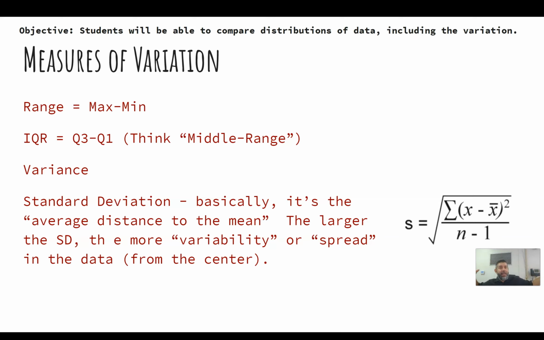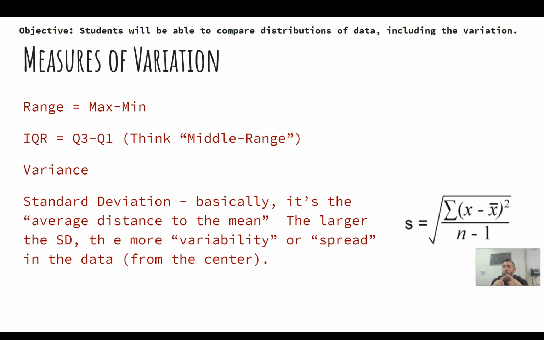The spread is going to be larger because the data are, on average, further from the center, specifically the mean. If my standard deviation is smaller, then I can see more consistency in my data. They're going to be clumped around the mean. The important thing is that we are using the mean to calculate the standard deviation.